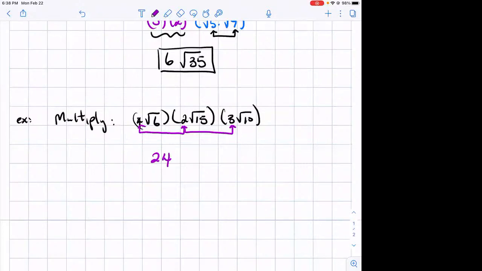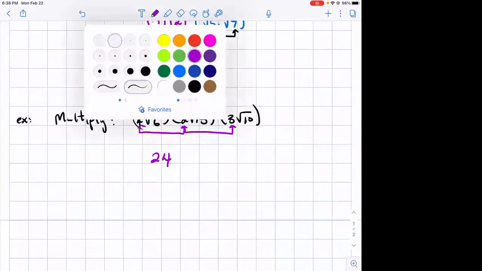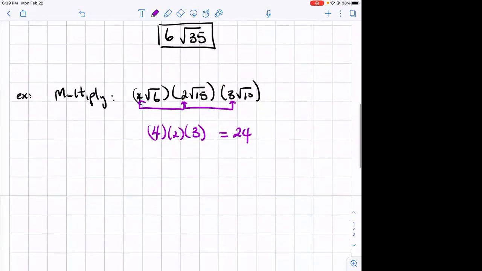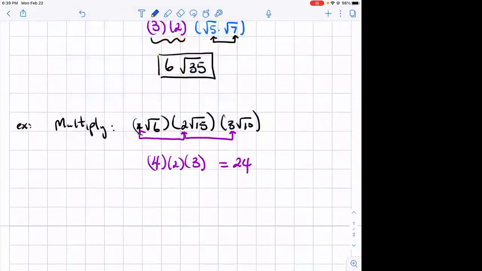Then we multiply the radicals, radical 6 times radical 15 times radical 10. 6 times 15 is 90, and 90 times 10 is 900.